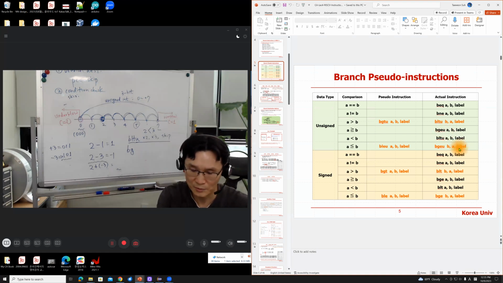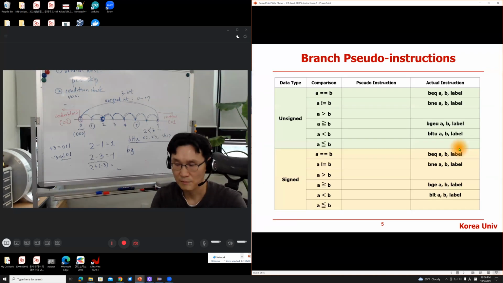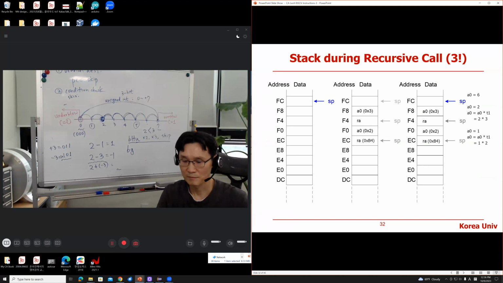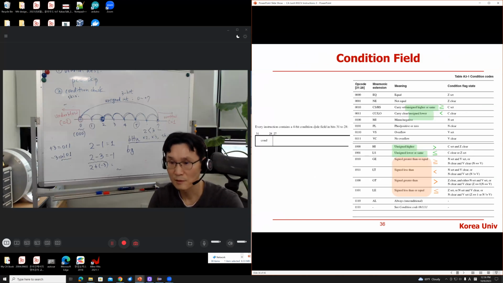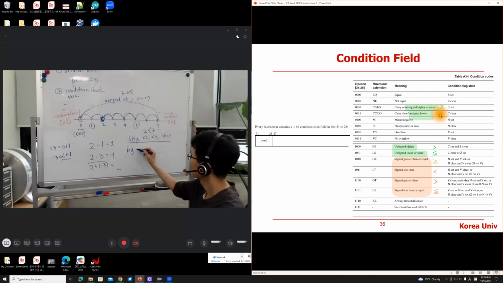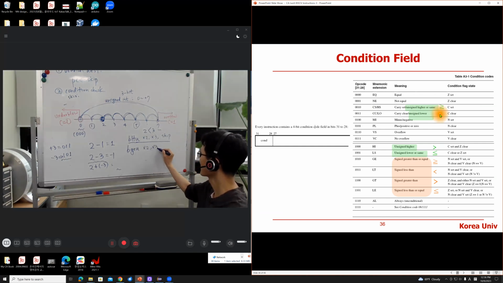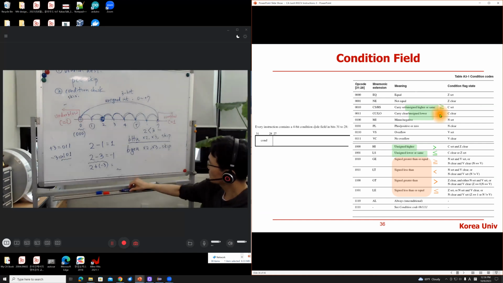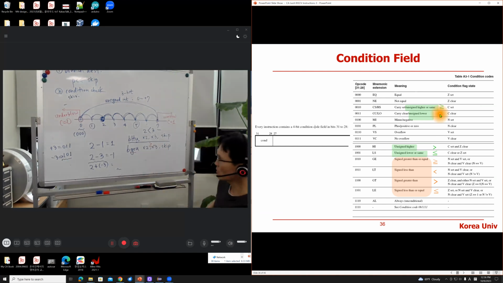BGEU, higher or same. So you want to check this condition, X3 and skip, for example: greater than or equal. You want to check this condition, but now forget about this equality.